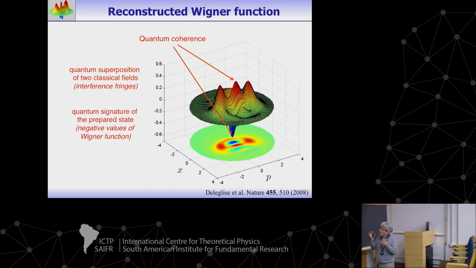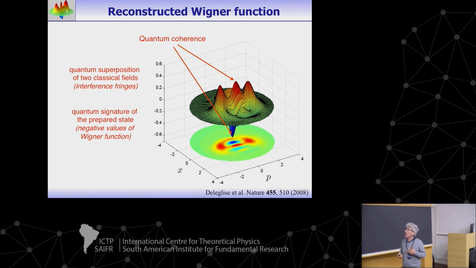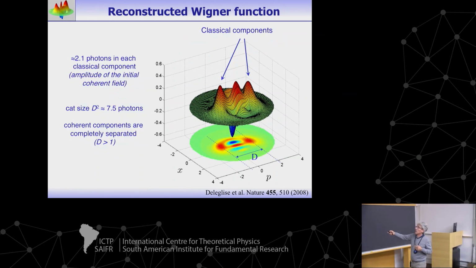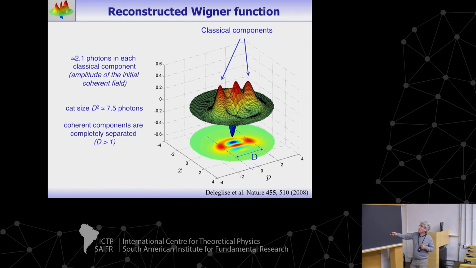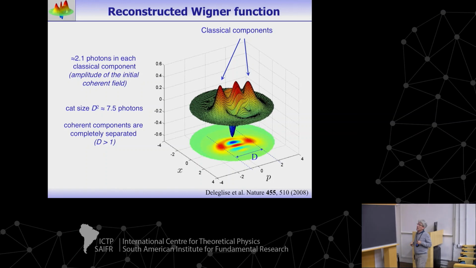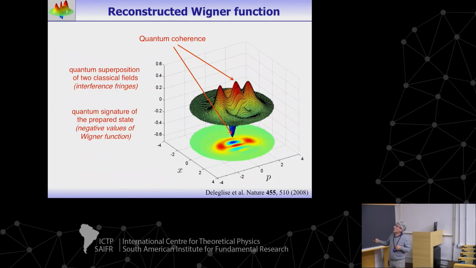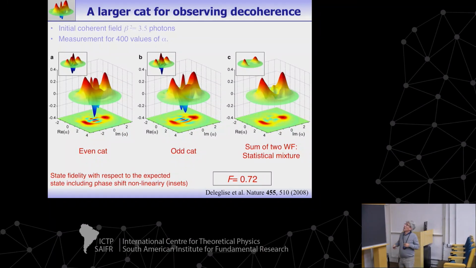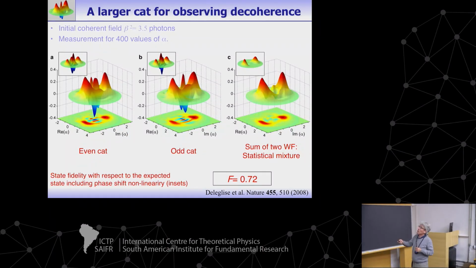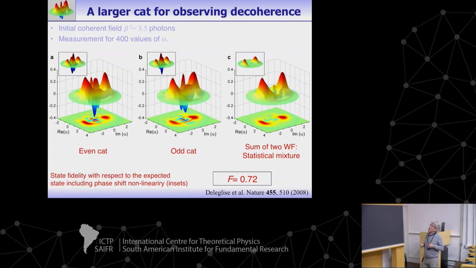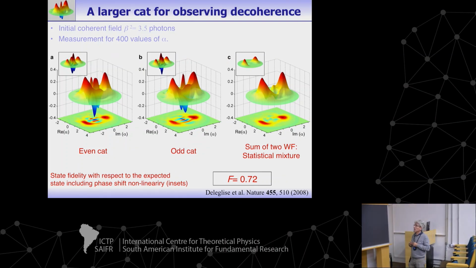So you can nicely, with the Wigner function, isolate the classical feature of the cat state, the 2 classical components. You can identify the size of the cat by looking at this distance, and you can assess the coherence of the cat state by looking at the amplitude of the oscillations between the 2 classical components of the Schrodinger cat state.